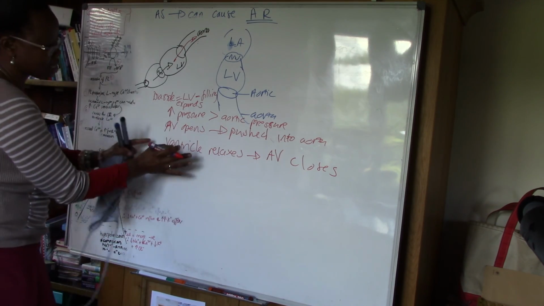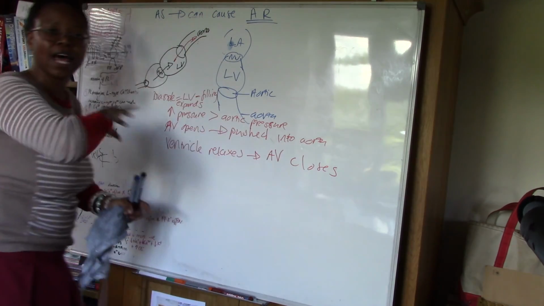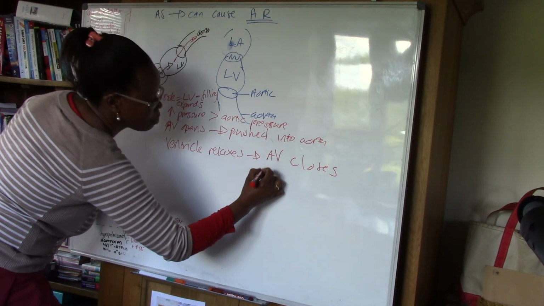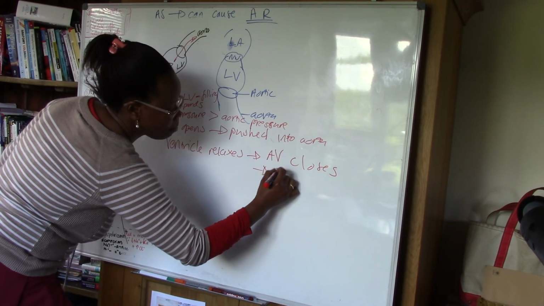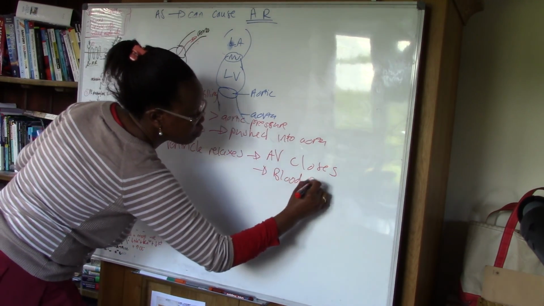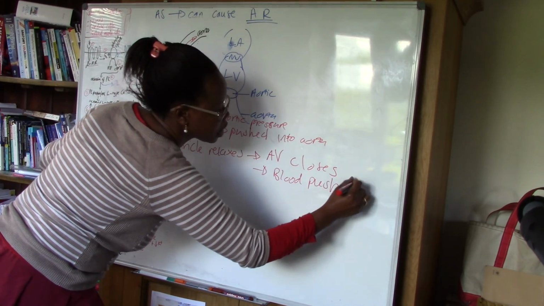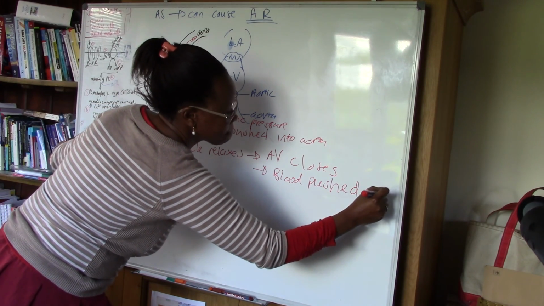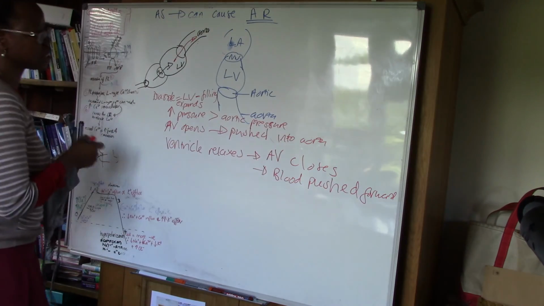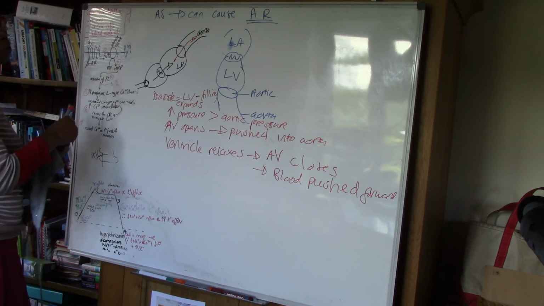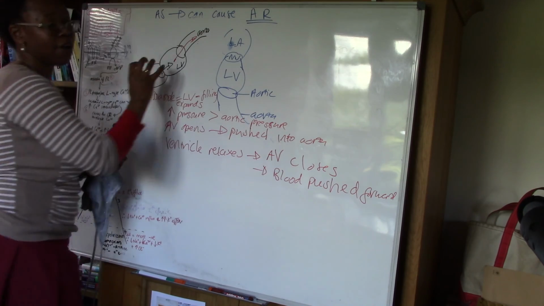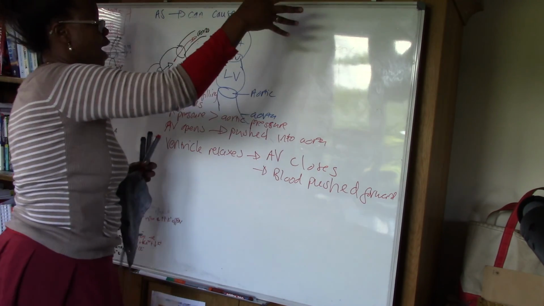Then as the ventricle relaxes, the blood is pushed forward into the body. So really we expect that when the aortic valve closes, all that blood goes into the aorta.